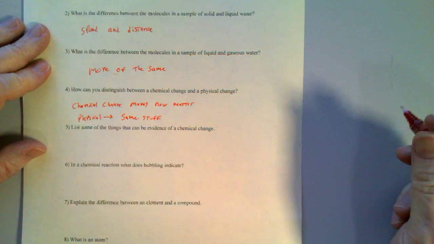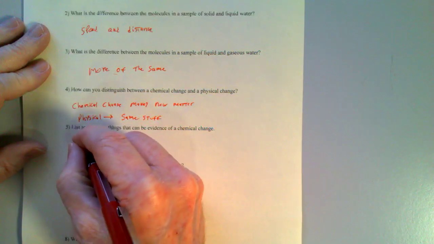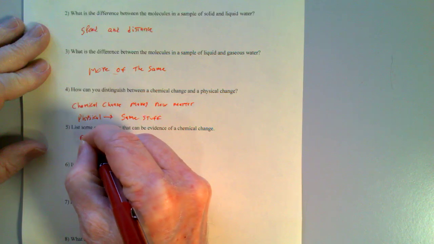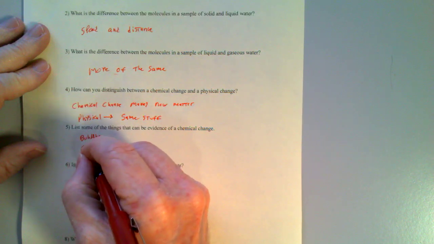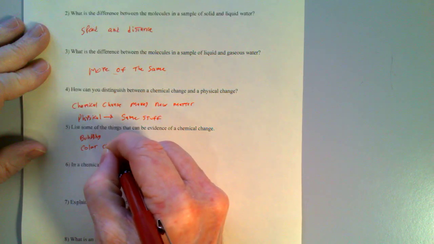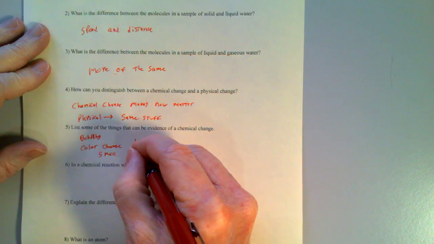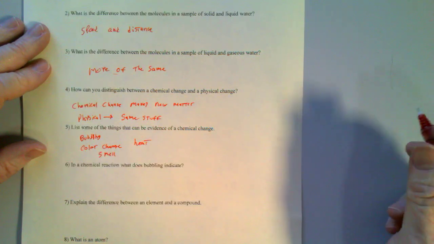Okay. So, evidence of chemical change would be things like bubbling, P-B-L-I-N-G, color change, smell, heat, etc., etc. Okay.